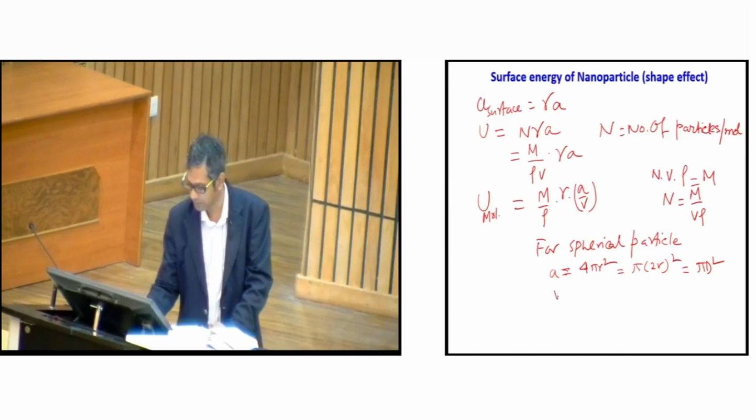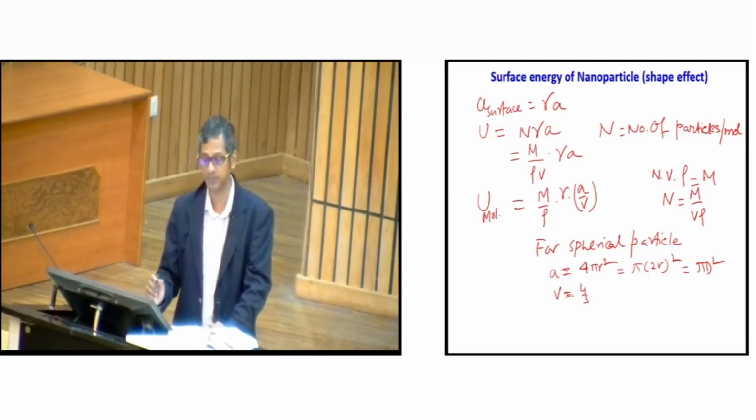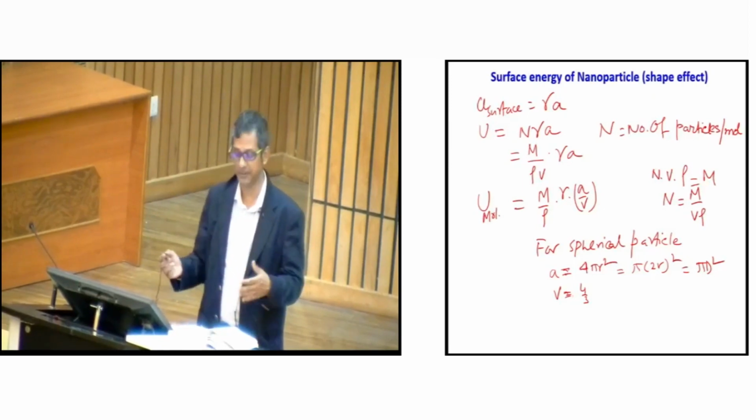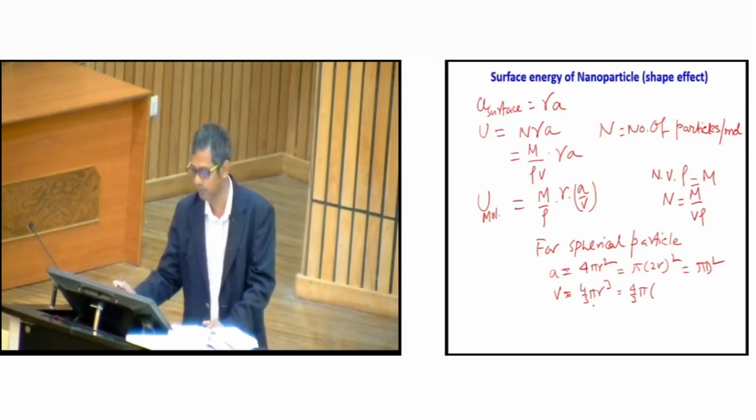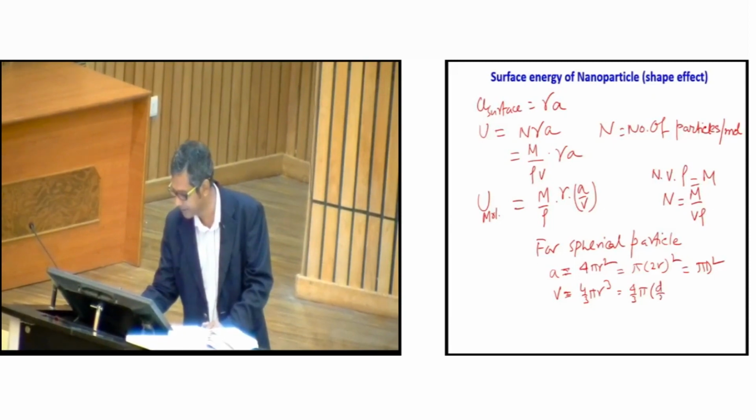What is the volume? Volume is 4/3. Okay, do not ask me that you do not know what is the volume of a sphere, that is well known. 4/3 pi r cube, right. I can write 4/3 pi r, again I convert into d, so that is d by 2.